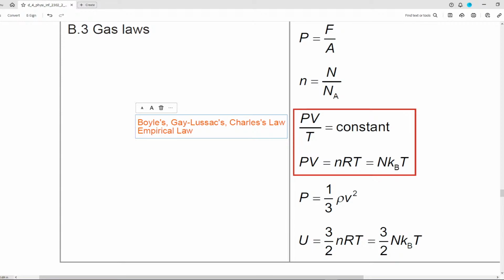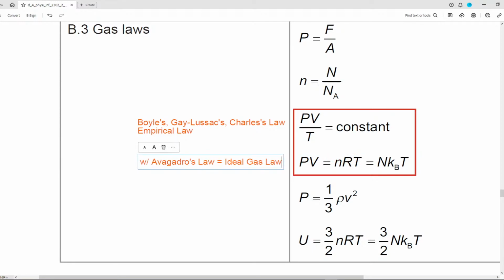So Avogadro comes up with the last one. With Avogadro's law, which is not experimentally verified, so it's an ideal law, it becomes the ideal gas law, which is PV equals nRT, the famous one.